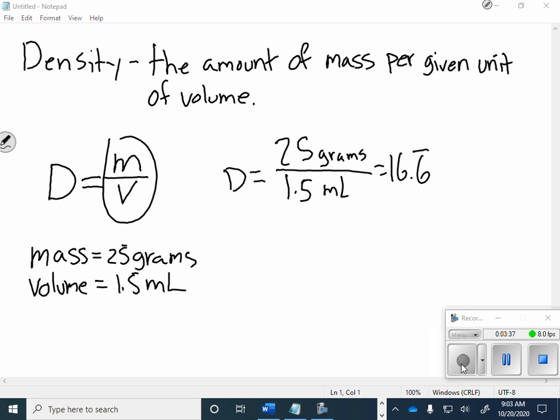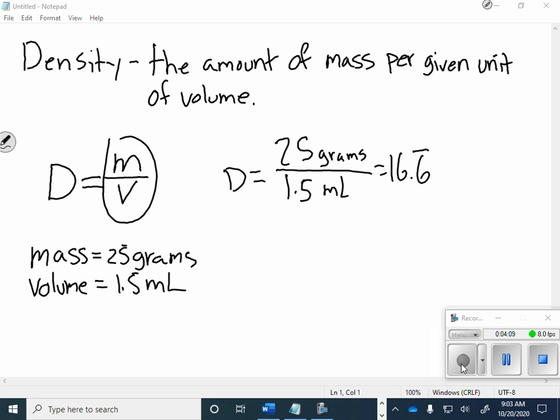16.6 repeated. You may not know the repeated thing. Don't worry about it if you don't. But that's 16.6 repeated. Okay, good. Now, in science, unlike math, we never leave a number blank. Our numbers always have meaning, okay? Or symbol, units. Remember, did I say that in this class? There's no naked numbers.